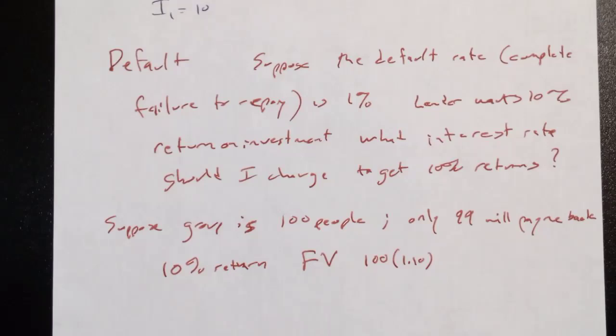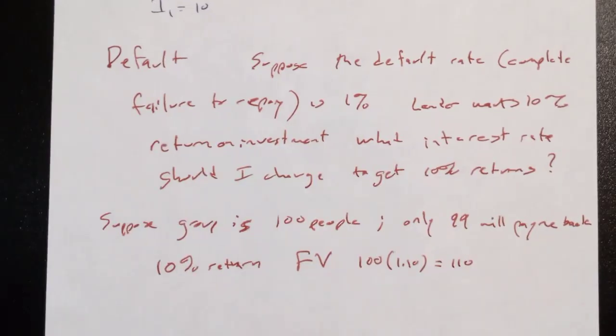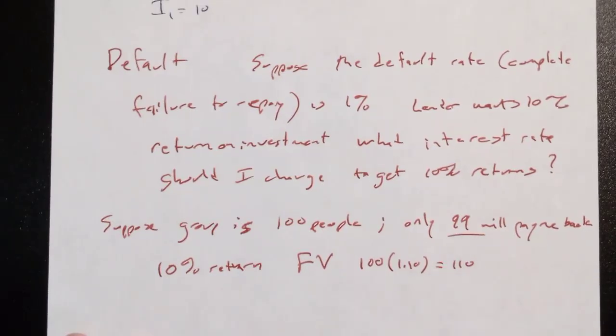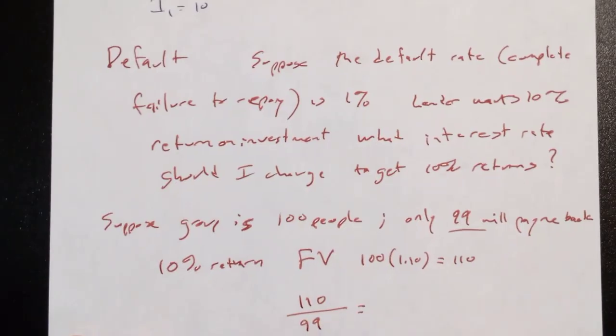By the way, this assumes everybody gets the same size loan. That's $110, right? So in this case, I'm assuming everybody got a loan of one, but it could be 100, 100,000, 1 million. I don't know what I'm loaning out here. But I'm only getting 99 repayments. So if I'm taking this $110 and I'm dividing it among 99 people, what's that?